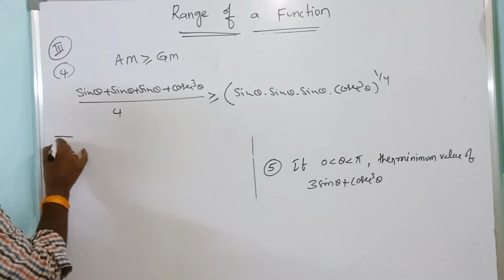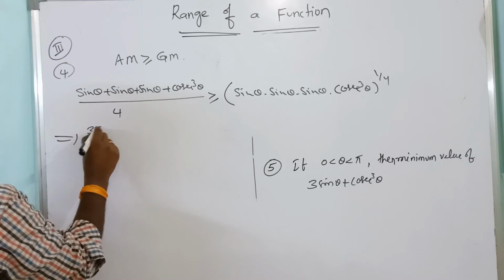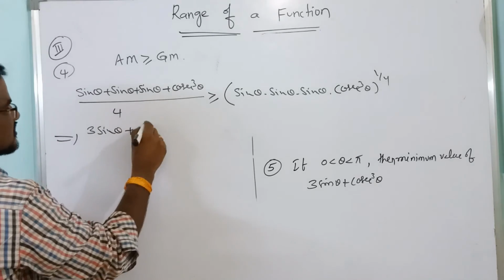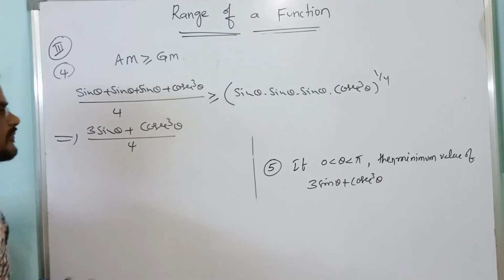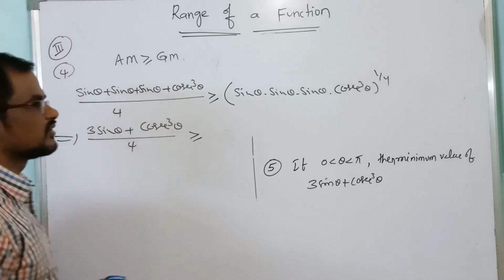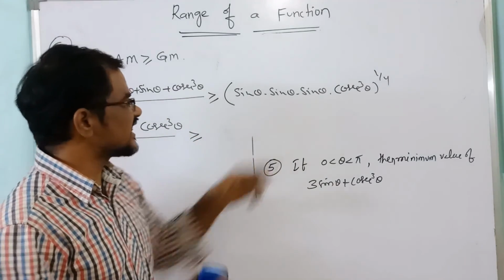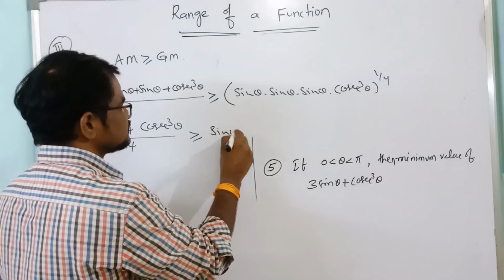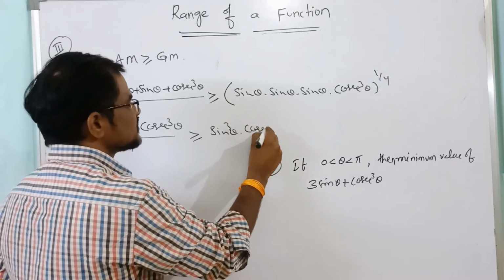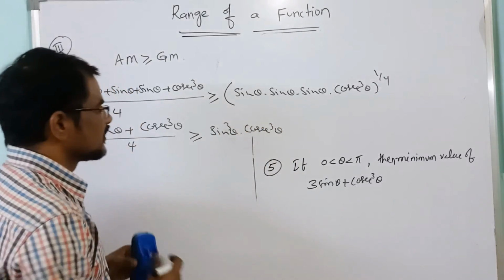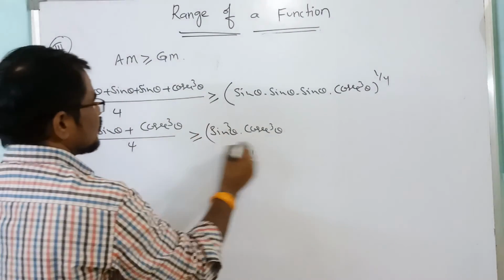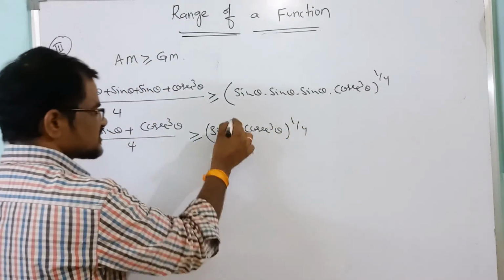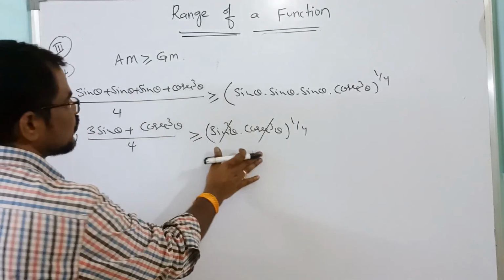Now that implies 3 sin theta plus cosecant cube theta divided by 4 is greater than or equal to, this is sin cube theta into cosecant cube theta, whole to the power of 1 by 4. But sin cube times cosecant cube is equal to 1.